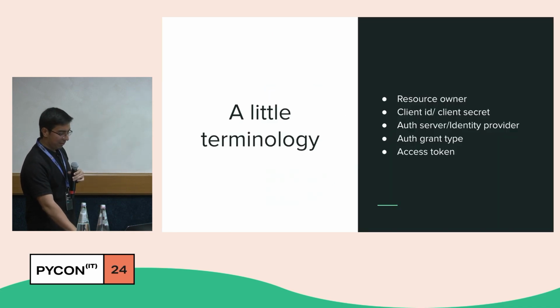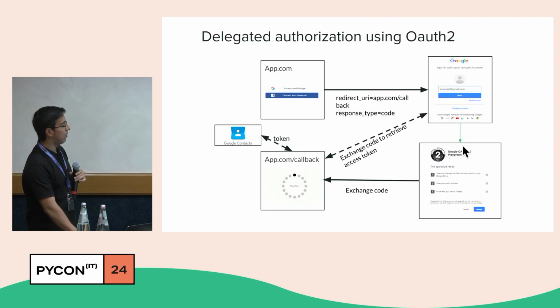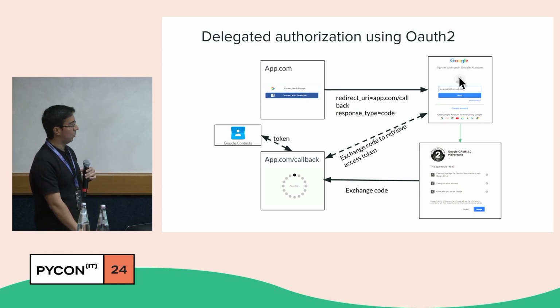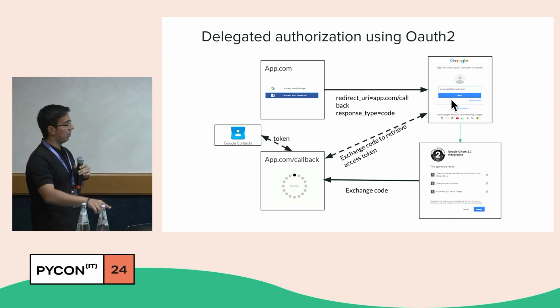So now that we have these terms, it gets a bit more complicated. When I click the button, a request is going to be made to Google accounts, where you specify the redirect URL and the response type that you're going to receive. Then the user logs in, puts the username and the password, accepts the consent, and once everything is fine, they receive something called the exchange code.